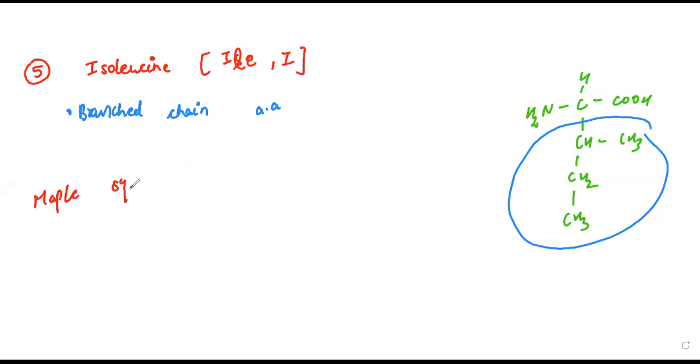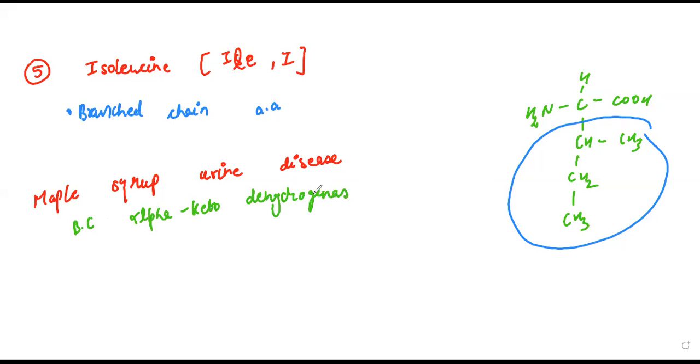Maple syrup urine disease is a metabolic disorder, and it is caused by the deficiency of the branched chain alpha keto acid dehydrogenase complex.